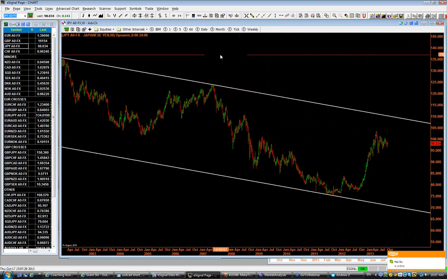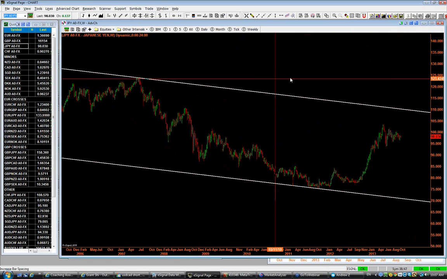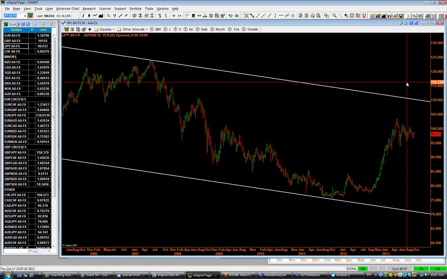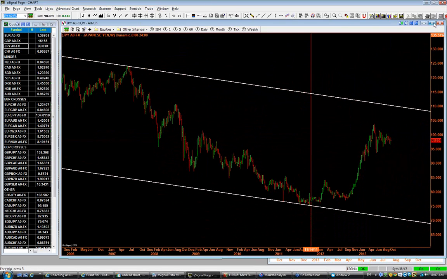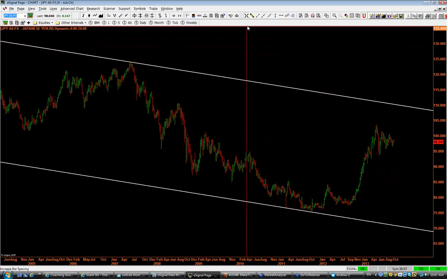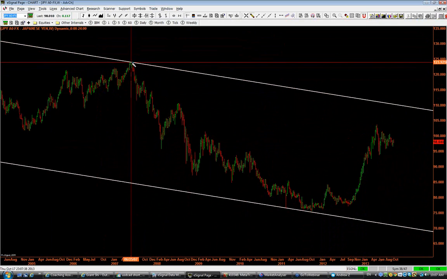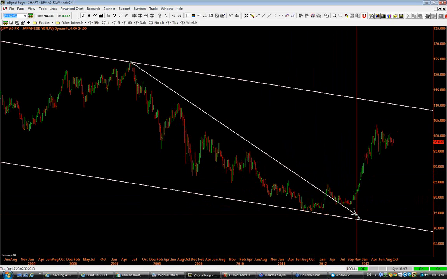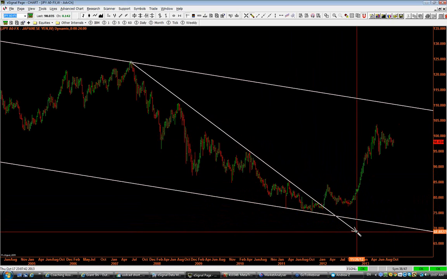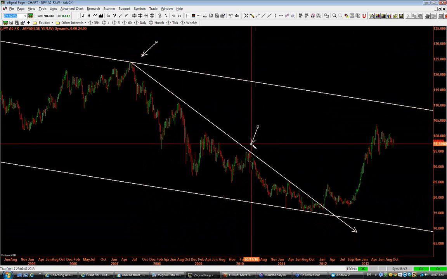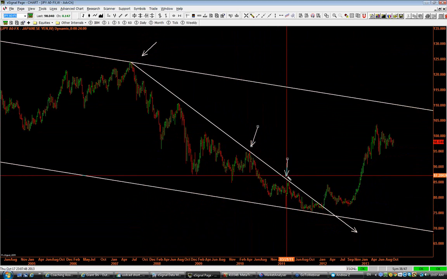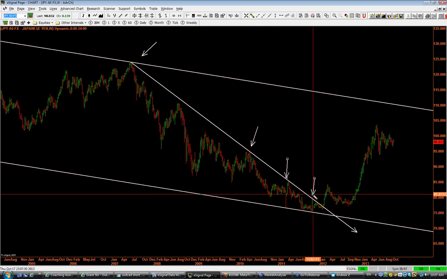On the weekly, look at the pattern. It's very, very similar to Aussie Kiwi. Big phase 1. See that? Draw the trend line. 1, 2, 3, 4.